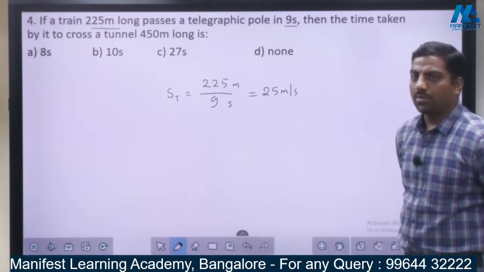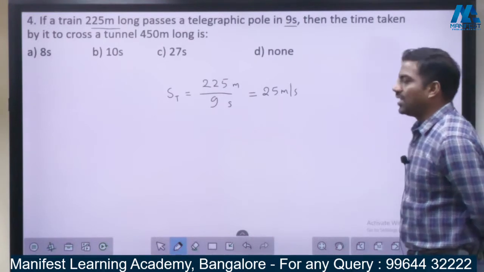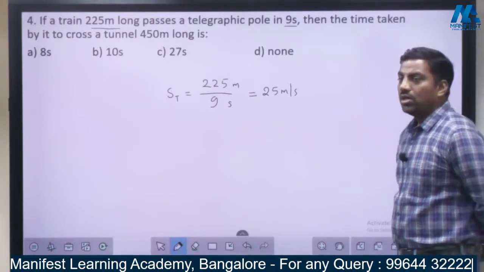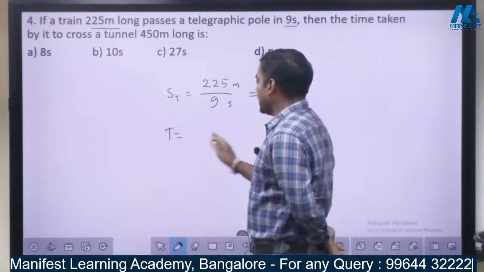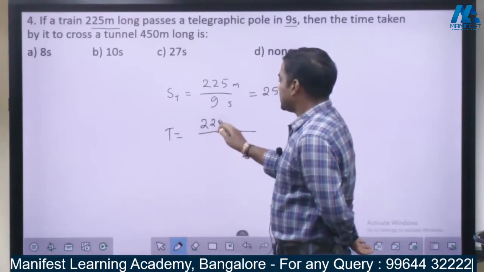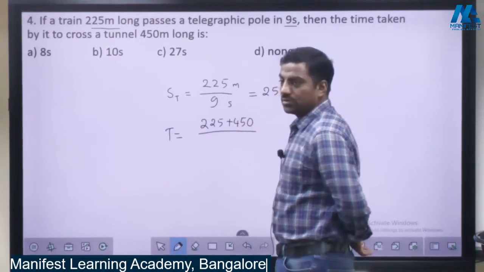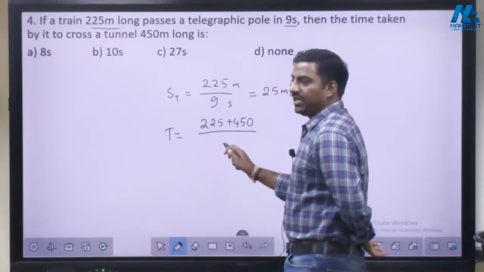But here the problem is not over. Then the time taken by it to cross a tunnel. See, we have found out the speed now. Now to cross the tunnel, the time required by the train to cross the tunnel is its own length, that is 225 meter, plus 450 meters, that is the length of the tunnel, divided by the speed.